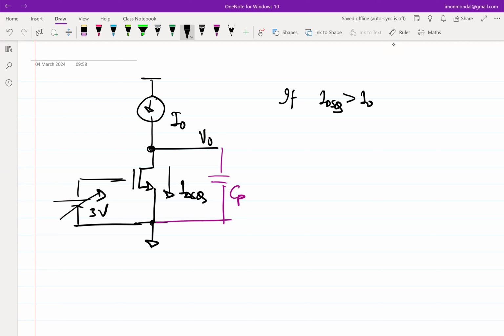Because the amount of current that is getting pushed into this node is lesser than the current that you are pulling out. That excess current will come from this capacitance CP, and it will pull the voltage down. So this means that VD, the drain voltage, decreases.